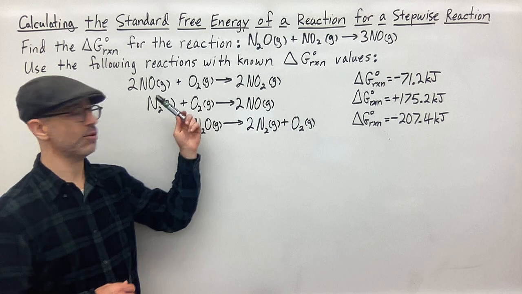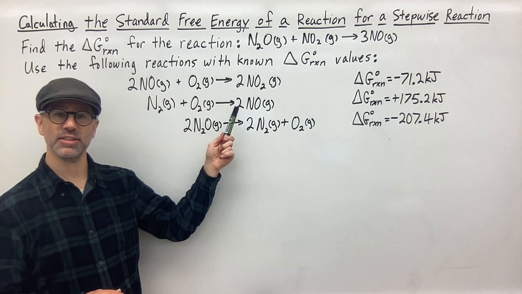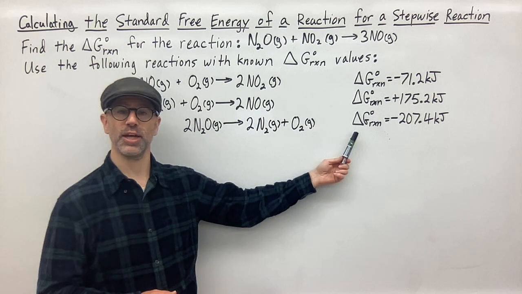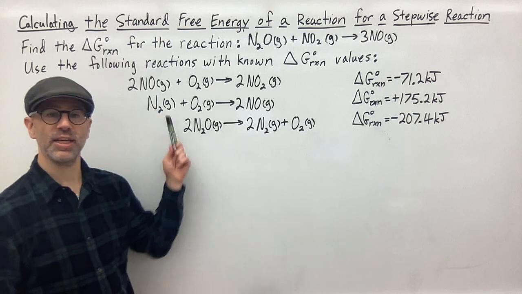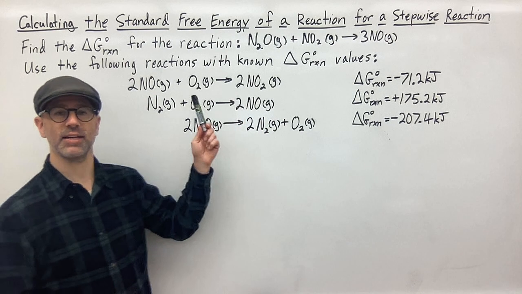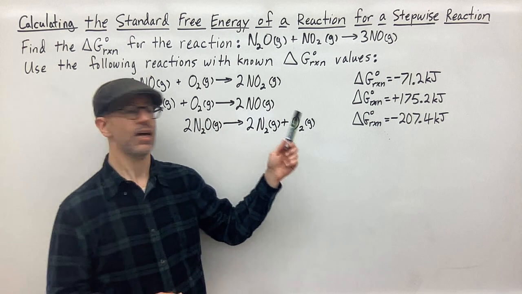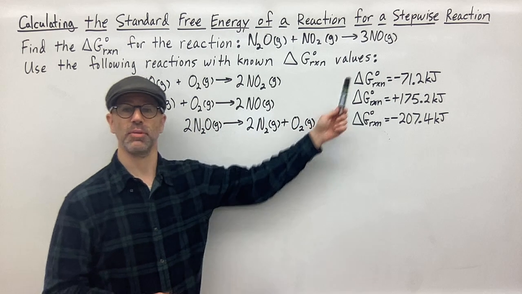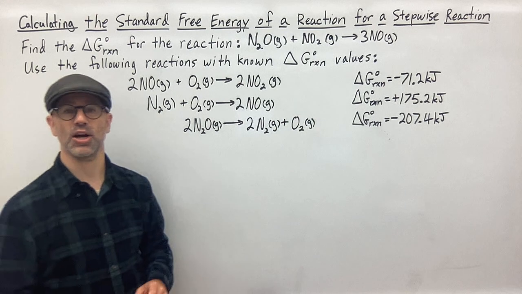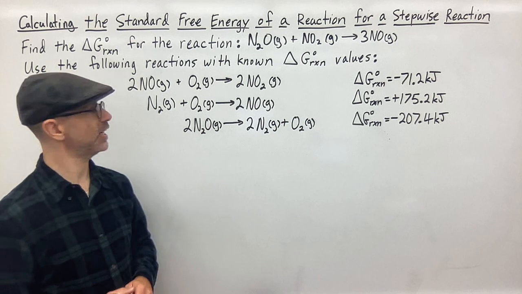And here are the reactions that we are given with their known standard free energy changes. We need to manipulate these and add them together so that we get the resulting standard free energy change, and that'll give us the standard free energy change of our target reaction. So let's get into this.